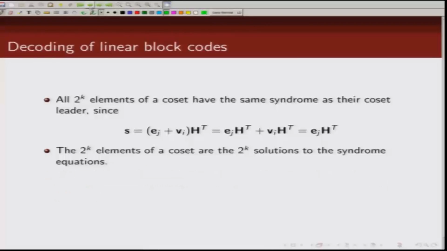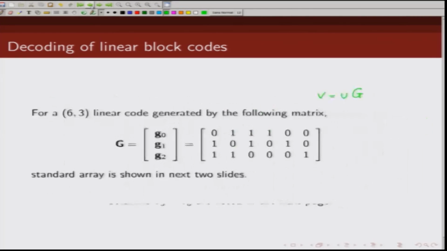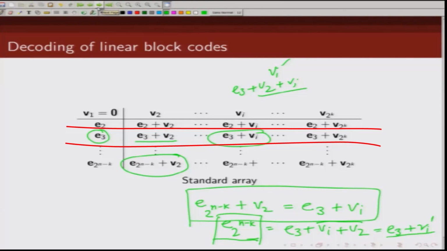Again, let us go back to the diagram that we had for the standard array. This row is related to E2. So, if we compute the syndrome for any of these received vectors, we will get the syndrome corresponding to E2. This row corresponds to E3, this E4, this one E raised to power 2 to the n minus k.